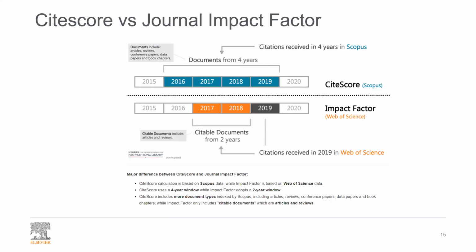Let's say the impact factor for 2019: they take the citable documents from 2017 to 2018, then they use the citation count for just 1 year, 2019. So these are the major differences of CiteScore compared to impact factor. Both are used to evaluate the performance of journals, but the accuracy, the inclusions, and the methodology of the formula are somewhat different.